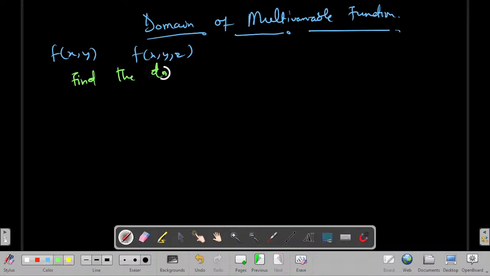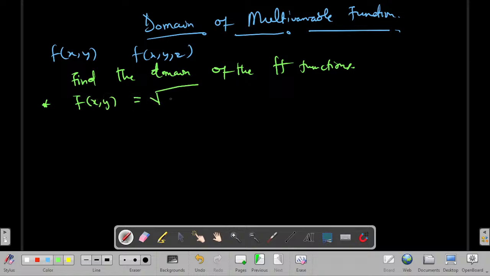Find the domain of the following functions. Please pay attention here so that you can go and practice more when you are learning. f of x comma y equal to the square root of x plus y. What is the domain of this function? x plus y all under the square root.